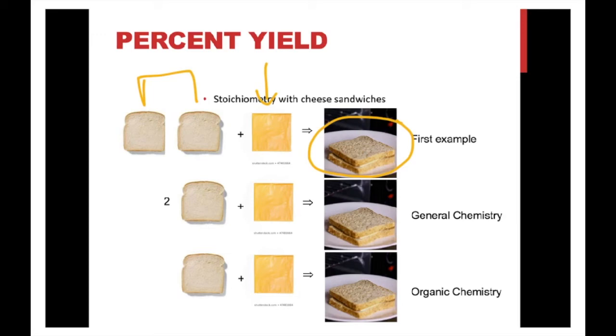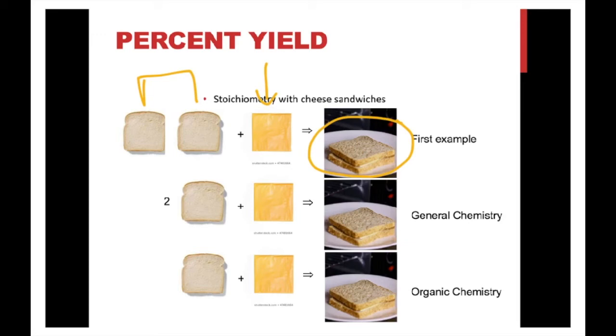So if you have 4 pieces of bread and 2 pieces of cheese, you can make 2 sandwiches. If you have 4 pieces of bread and 3 pieces of cheese, you can still only make 2 sandwiches, right? Because bread is your limiting reagent. You have to use all your bread in pairs.